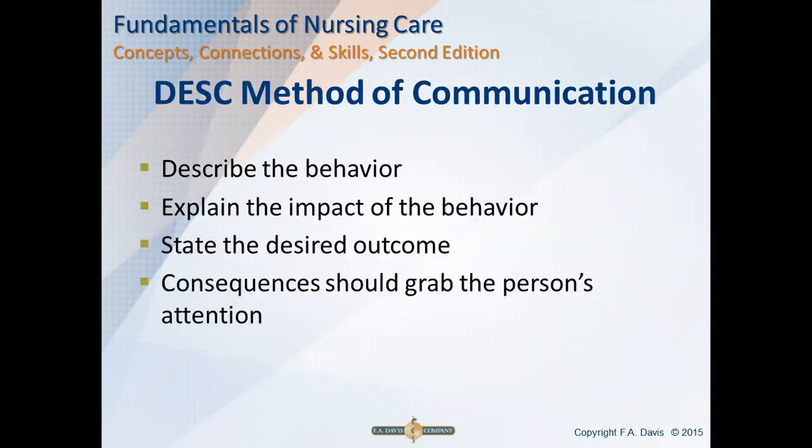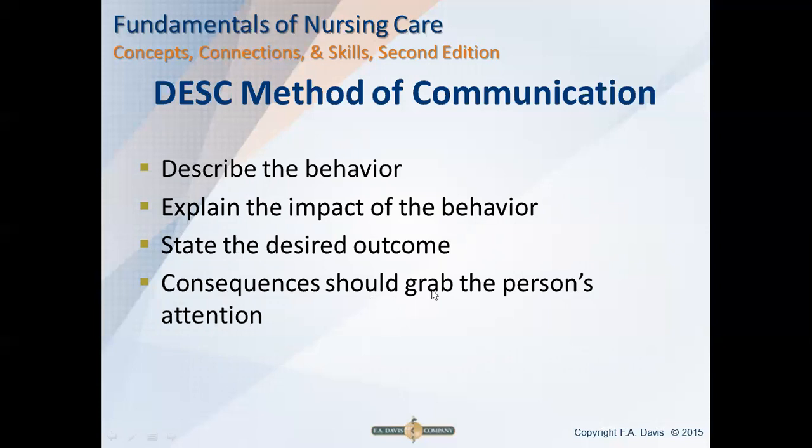Now here, the method of communication. They said DESC. D stands for describe the behavior, E stands for explain the impact of the behavior, S stands for state the desired outcome, and C stands for consequence.